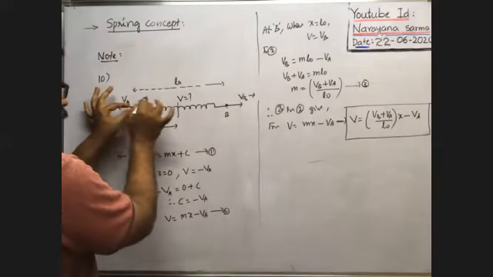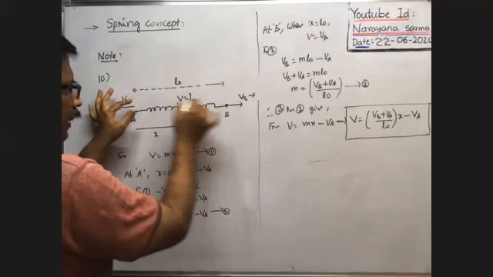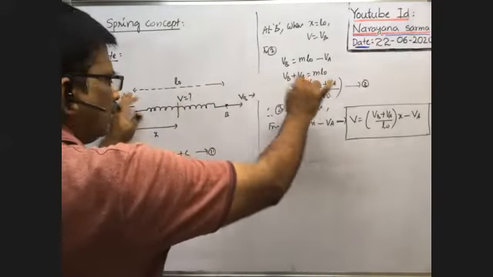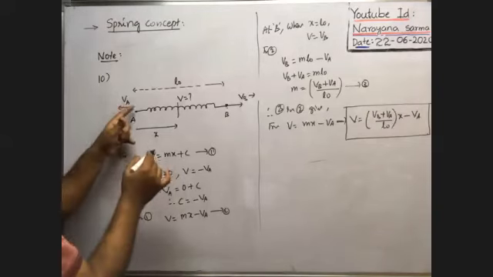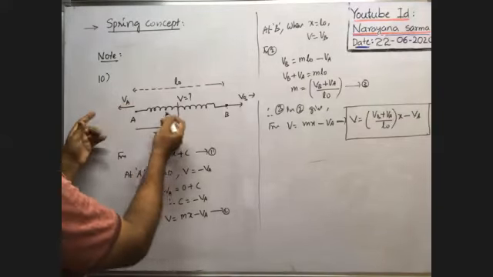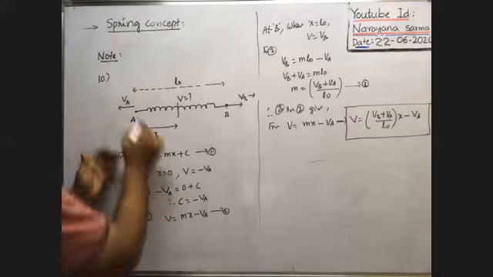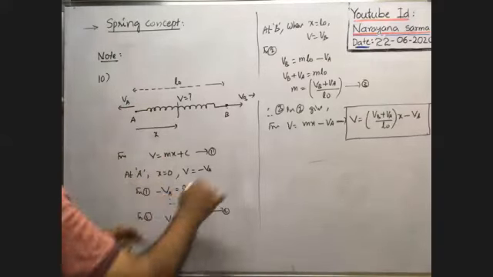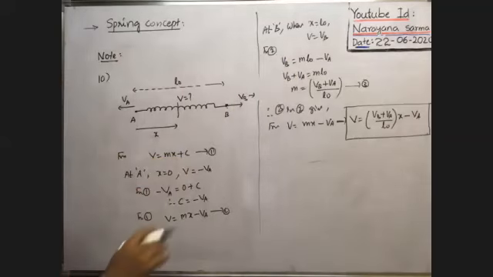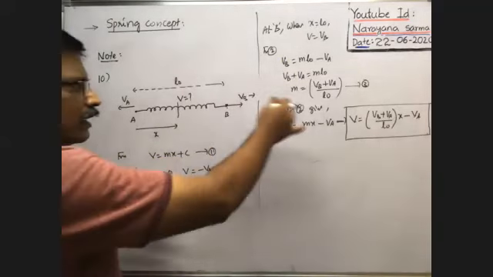Suppose the velocity of this end is in this direction and the velocity of this end is also in the same direction. In such a case, we have to substitute plus VA. As it is in the opposite direction of this distance x, we have considered minus VA. If this end is also moving in this direction, we have to use plus VA only. So the formula will be different. Based on this concept, you have to do it.